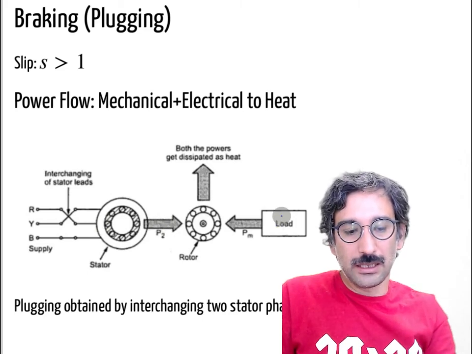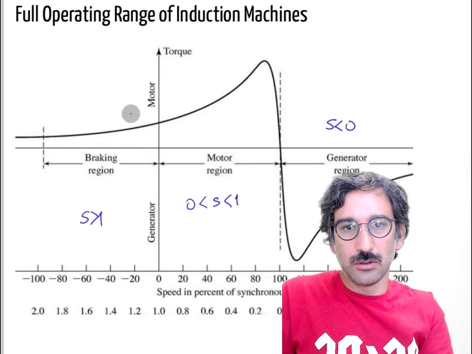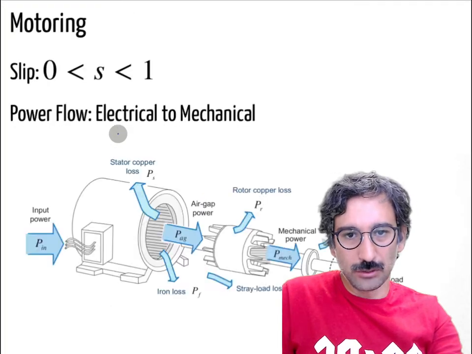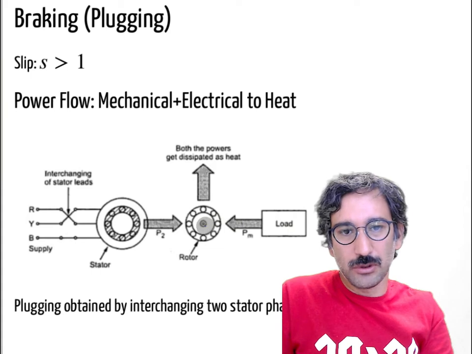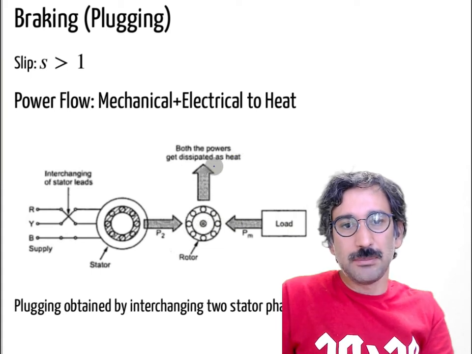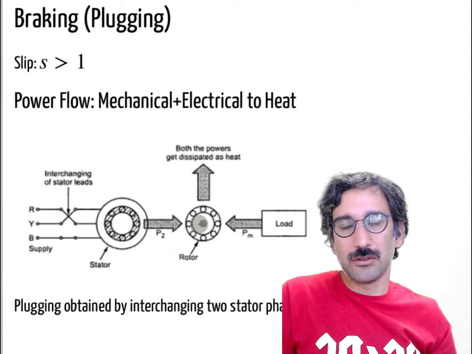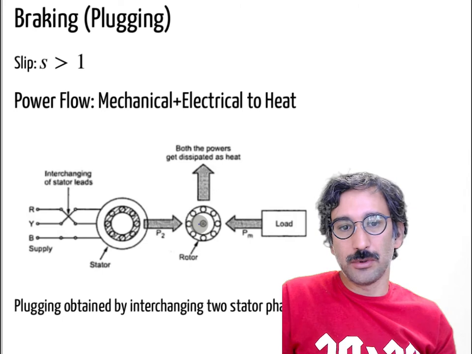You are also still getting some torque from the mechanical side, and both of those are dissipated as heat in the rotor. So again, the braking or plugging mode is not used for continuous operation, as that will easily damage the electrical machine.